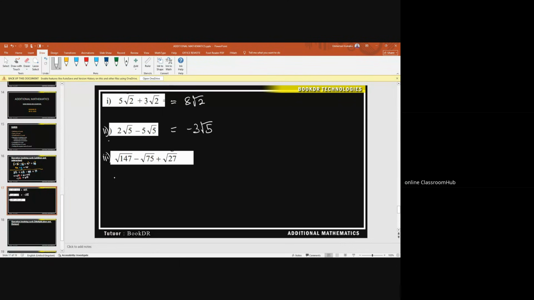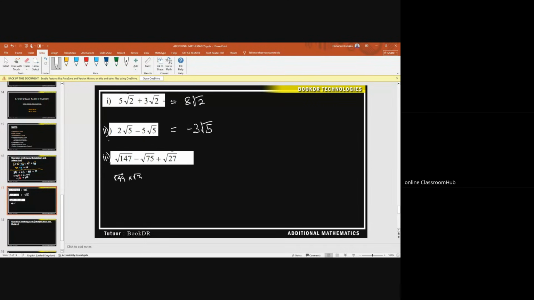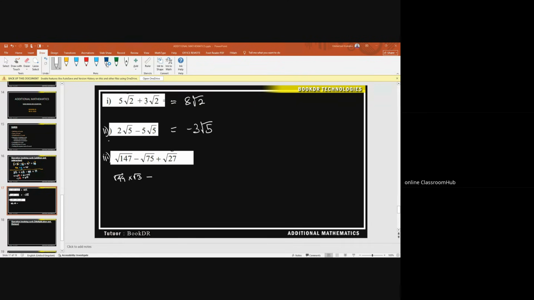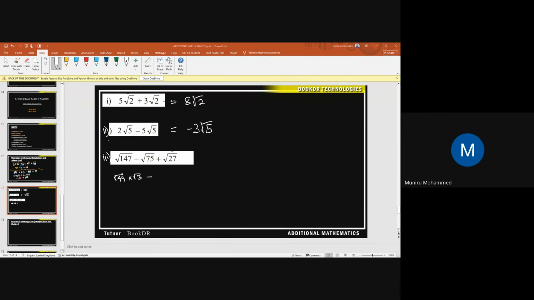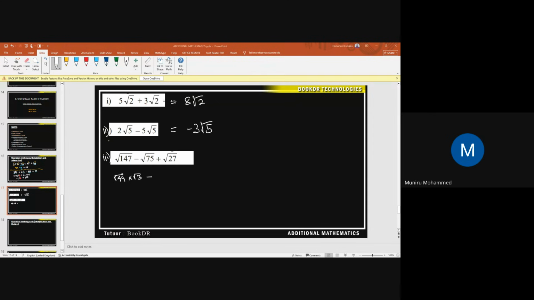So this is going to be root 49 times root 3. What about 75? Root 25 times root 3.